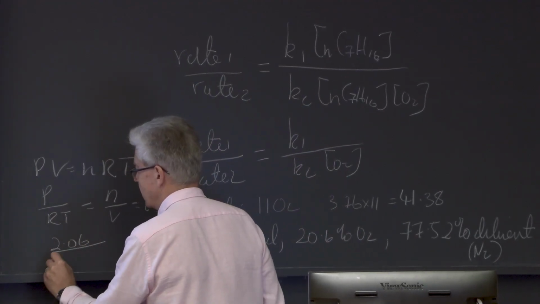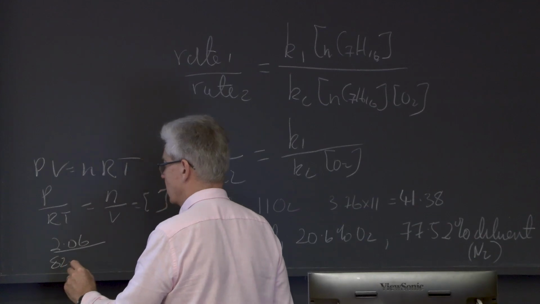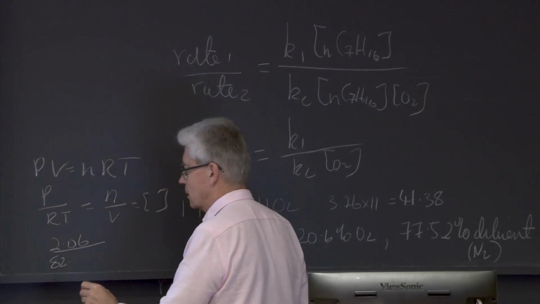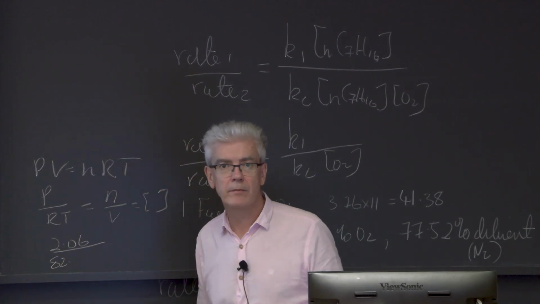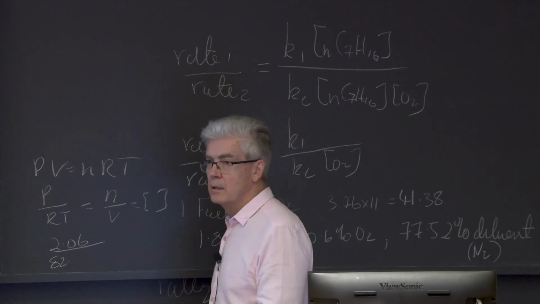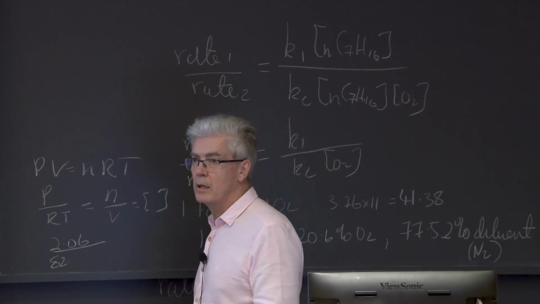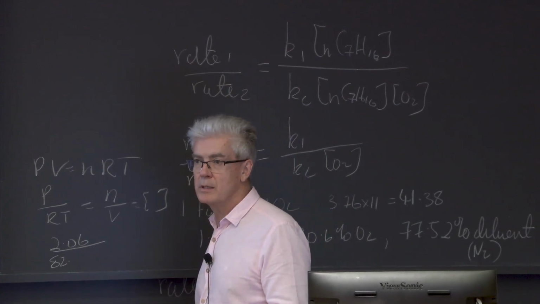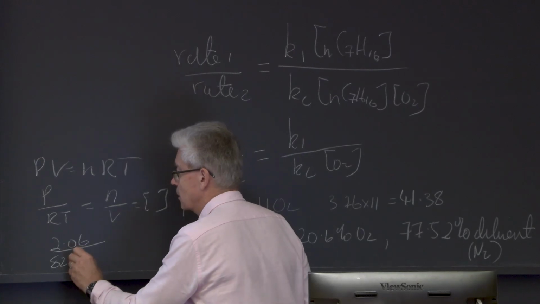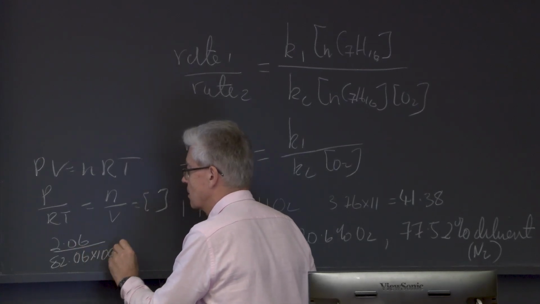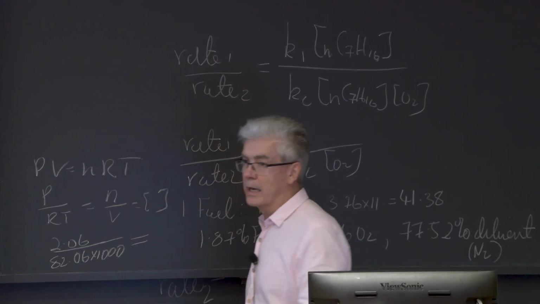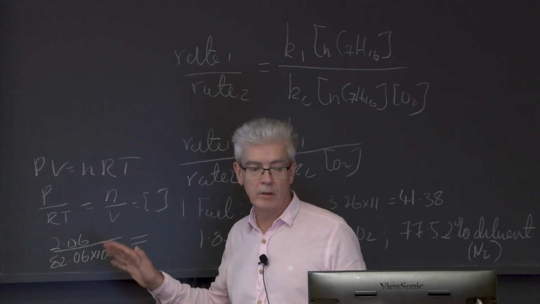2.06 divided by 82 point, what is it? It's in atmospheres, so it's 82.06 or something times 1,000. Okay, so R is in atmospheric units.